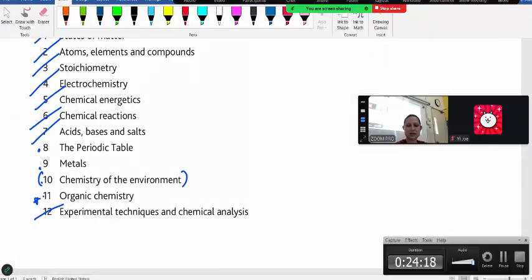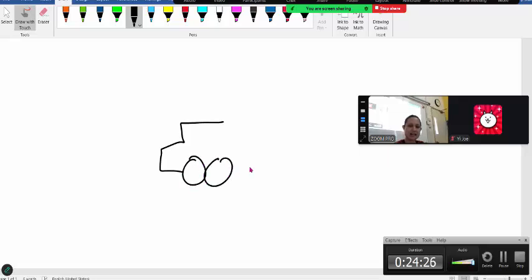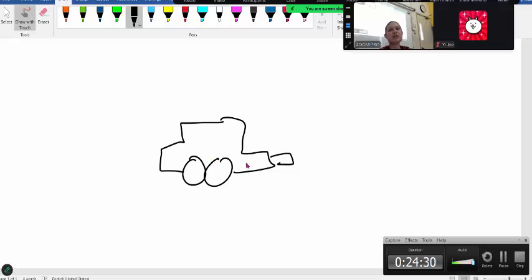Okay, so the first thing you need to learn is the environment. This is a car, even though it's an ugly car. Now, what do we put inside the car? Petroleum. Petroleum is known as fossil fuels.